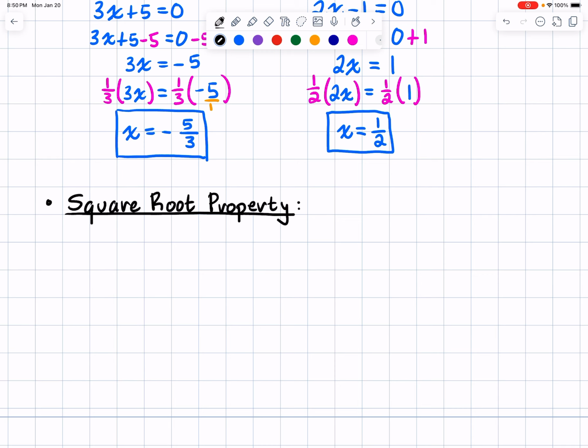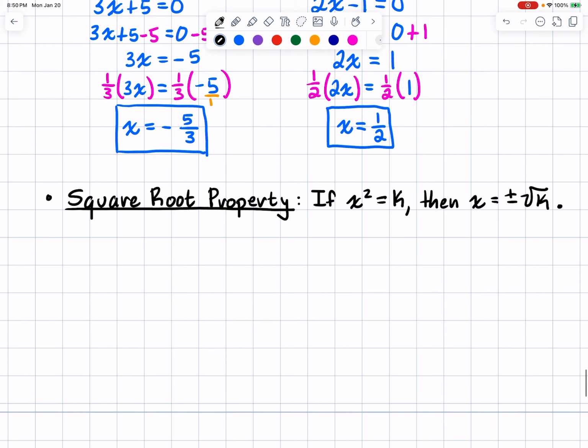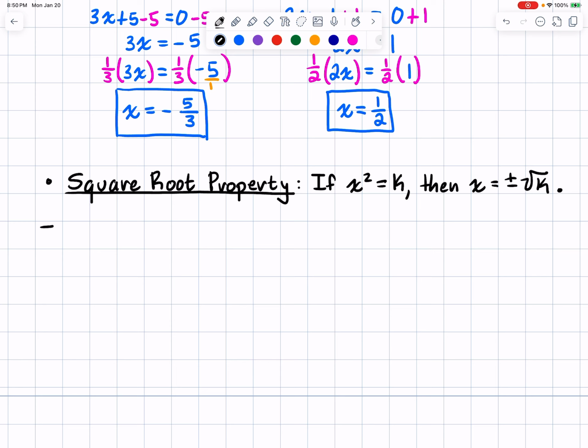It simply states if x squared equals k, then x equals plus or minus the square root of k. If x squared equals k, then x equals plus or minus the square root of k. So let's do an example. Solve the following equations for x.